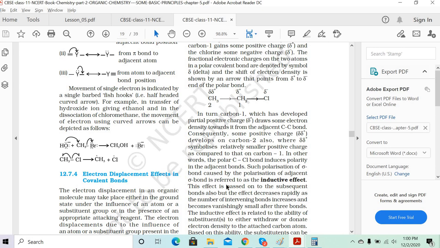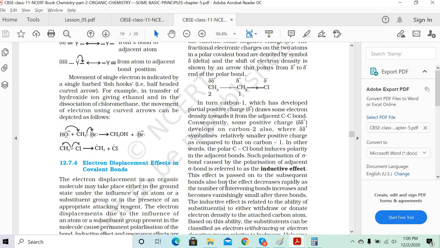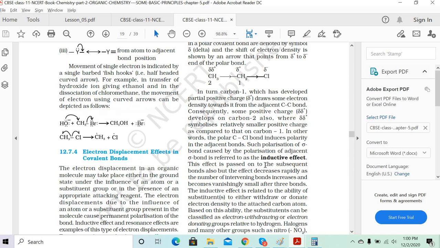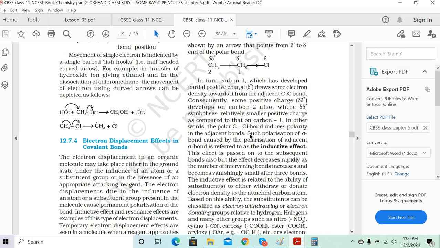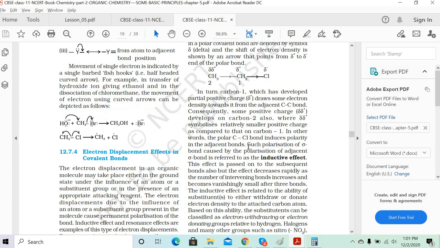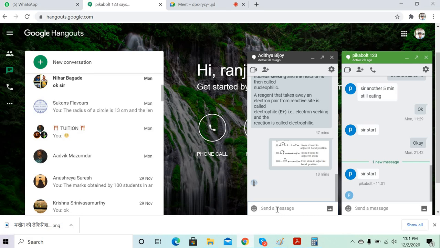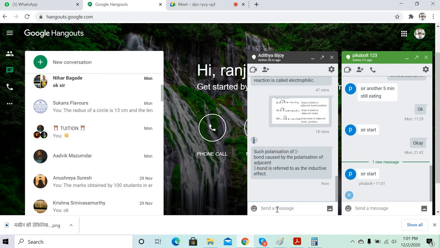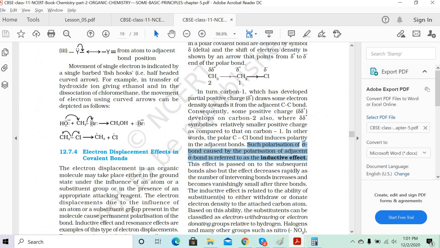Understood. Good. Such polarization of a sigma bond caused by the polarization of the adjacent sigma bond is referred to as the inductive effect. What is the inductive effect? The moment carbon develops a slight positive charge, it starts to attract the electrons from the other carbon-carbon bond. This effect is passed on to the subsequent bonds. That's why it's called the inductive effect. Clear?